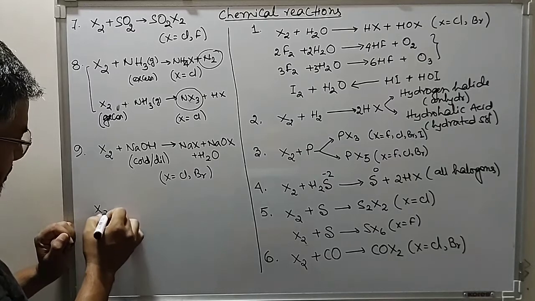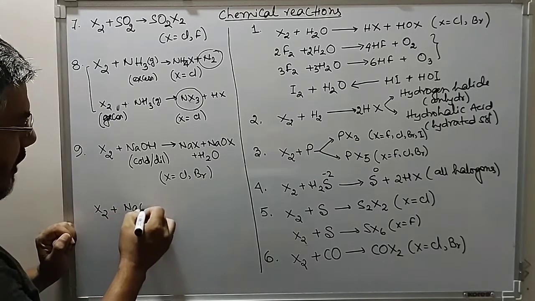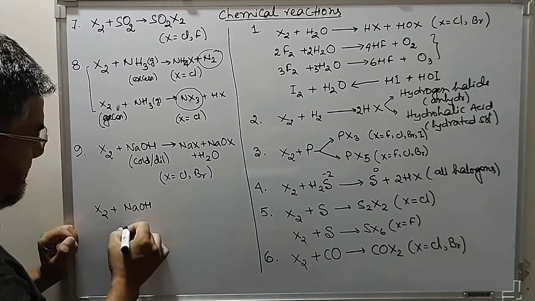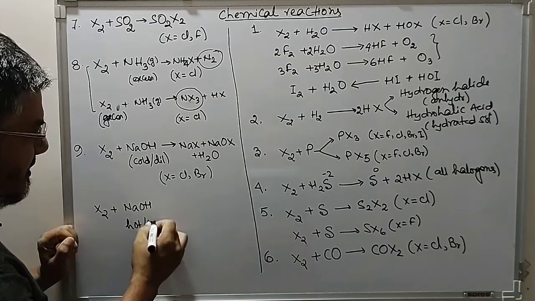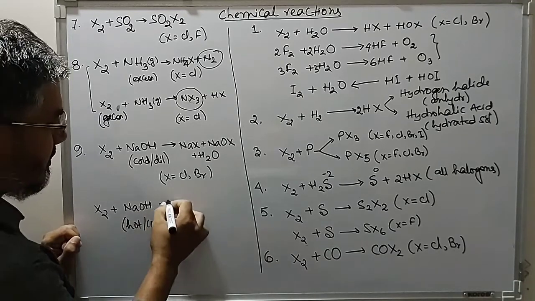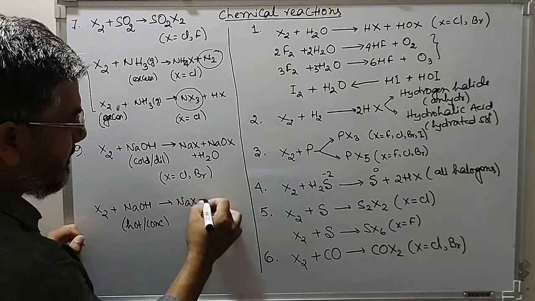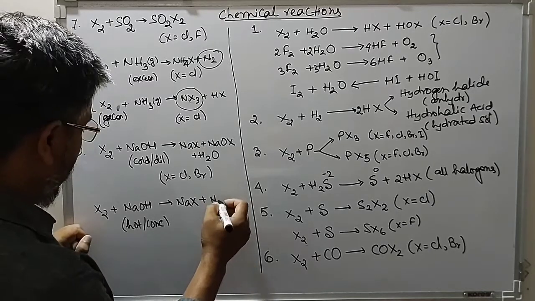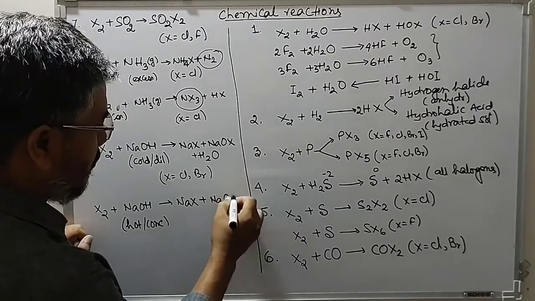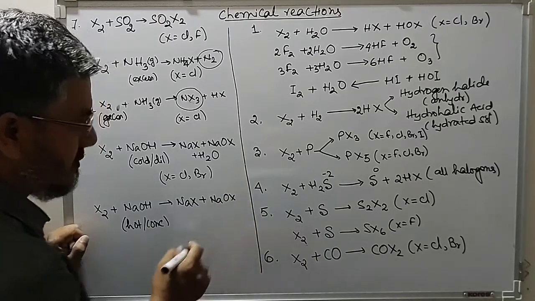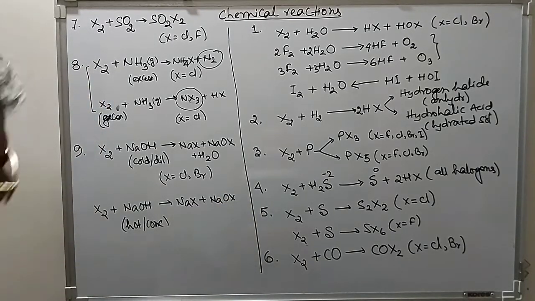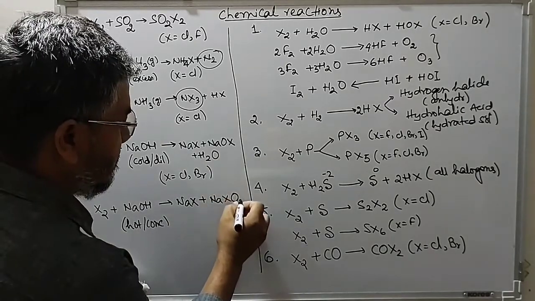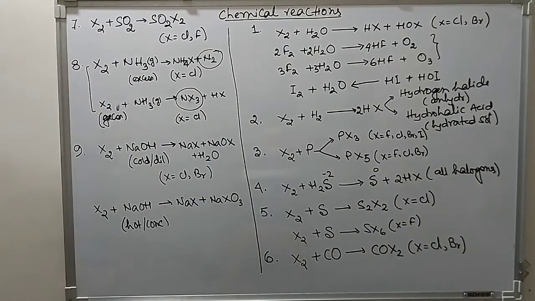But if the sodium hydroxide or alkali, any alkali, potassium hydroxide or any alkali, is a hot and concentrated solution, then the product is halide ion and halate ion, XO3 minus.